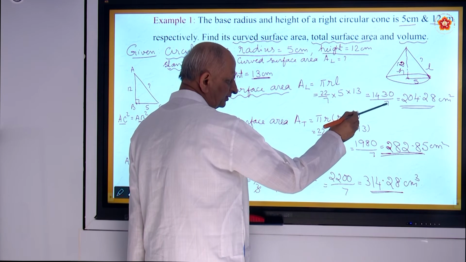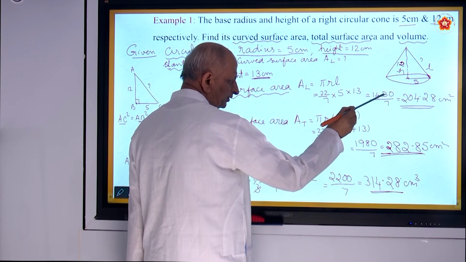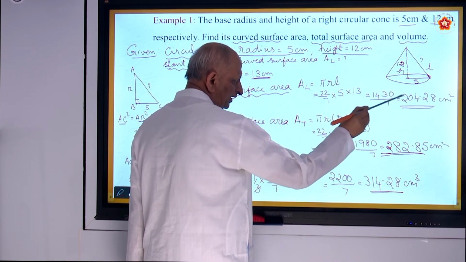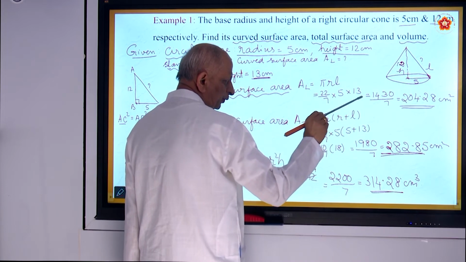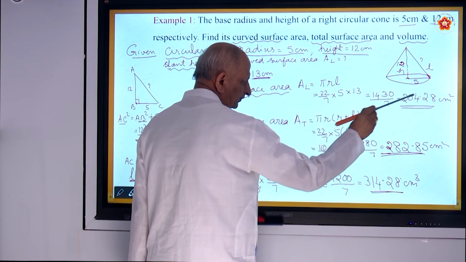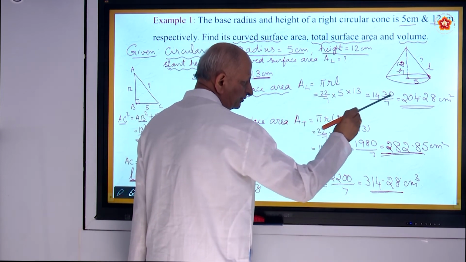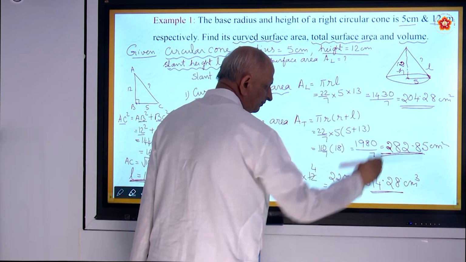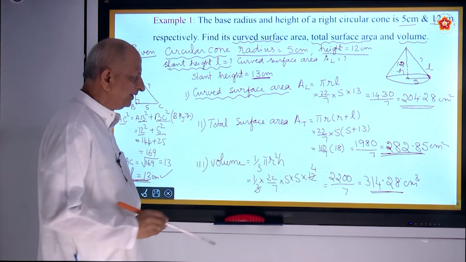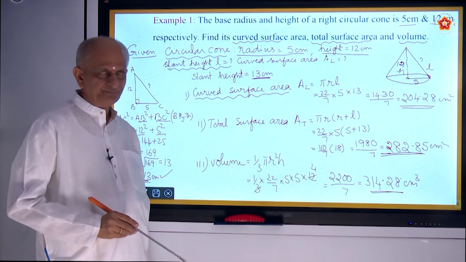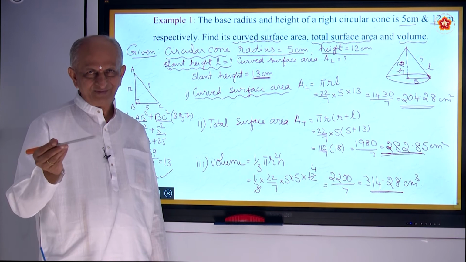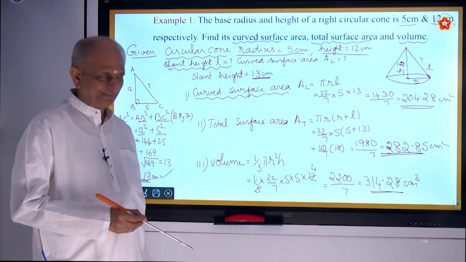If you divide it, 7 2s are 14, 7 4s are 28, 7 2s are 14, then 6 remains, 60, 7 8s are 56. That is an approximate value, not exact value. Are you writing it down? Then and there write it down, okay.